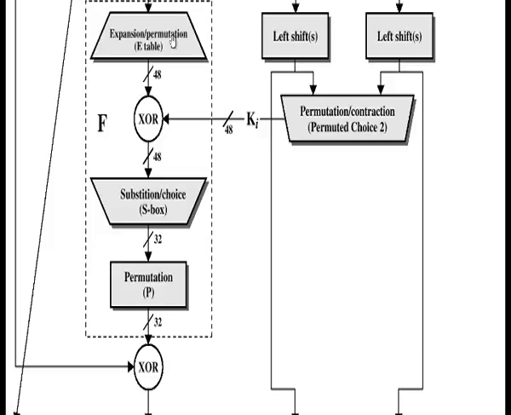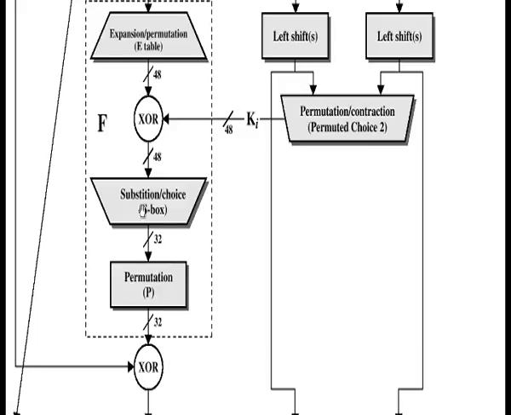So, first expansion, then there is an XOR operation with respect to the key, then it goes for the substitution, the S box, where again it has to be reduced to the size of 32 because the actual size is 32. So, during the key addition XOR operation you need to have 48 bit, later on it must be 32 bit.